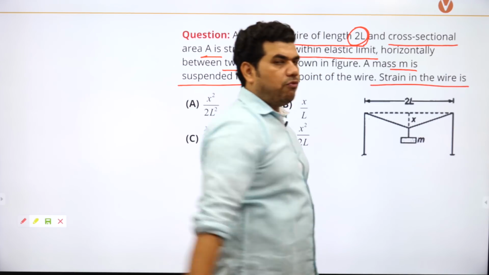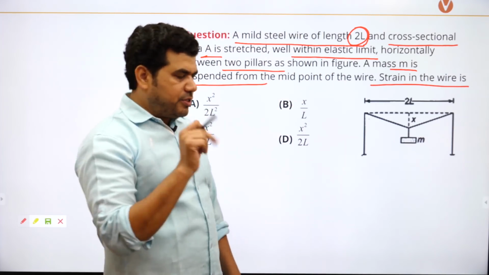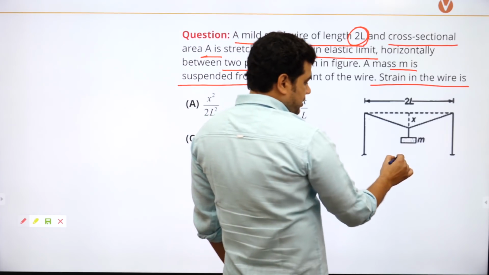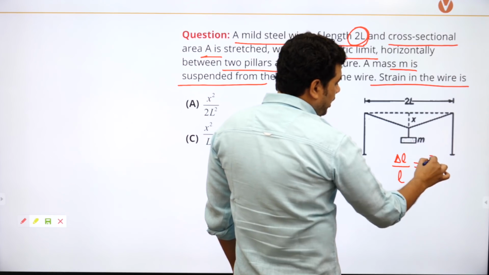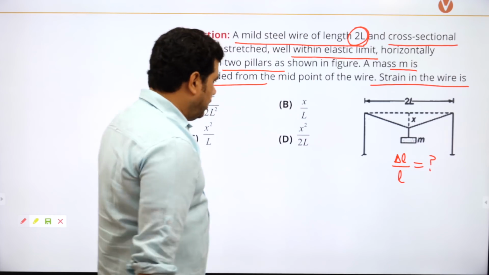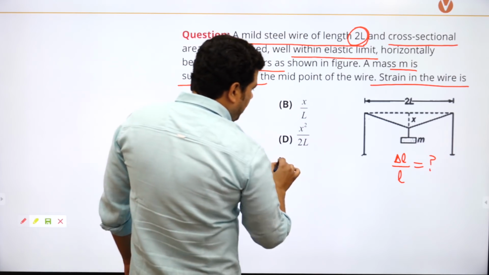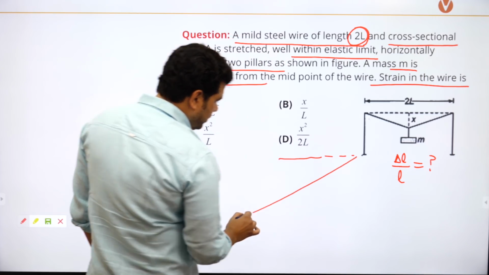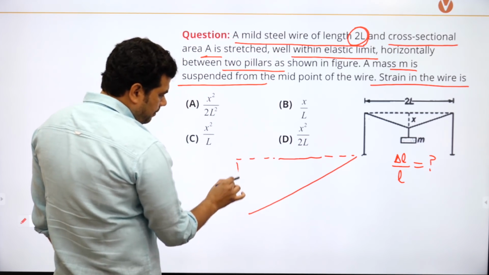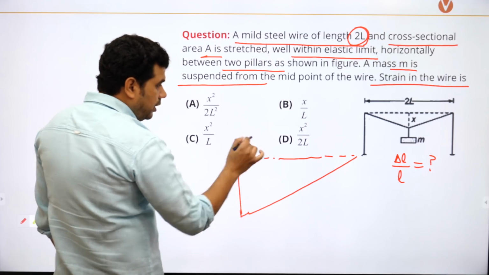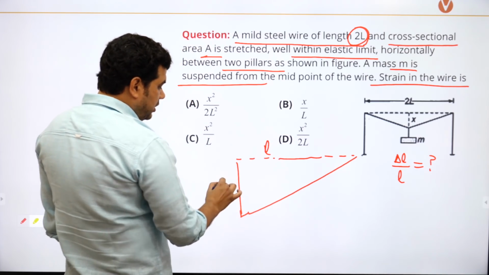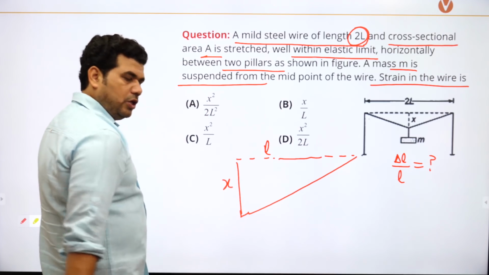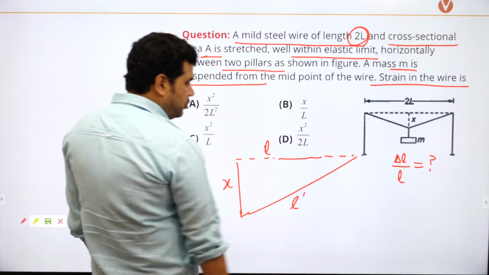Strain. So dear, what is the strain actually? Strain is, yes, delta L upon L, that we have to find here. And now when we draw a triangle like this, then we can see this length is L and this length is X. So what about L dash?